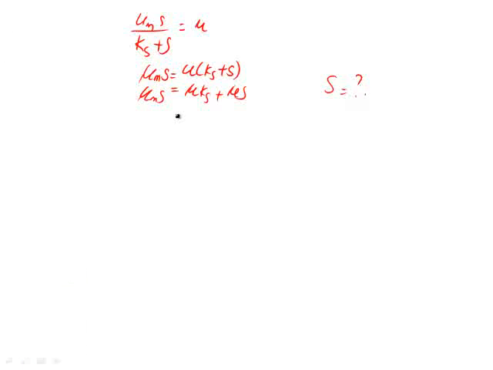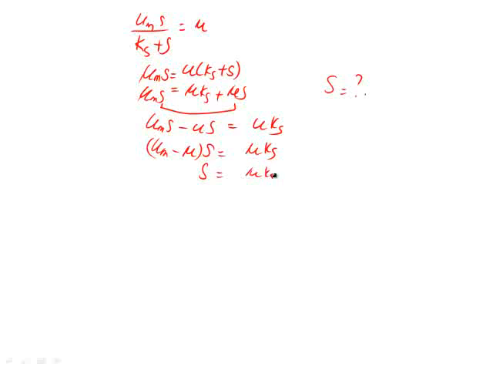So you're going to gather S together. So mu m S minus mu S equals mu Ks. So mu m minus mu times S equals mu Ks. S is mu Ks over mu m minus mu.